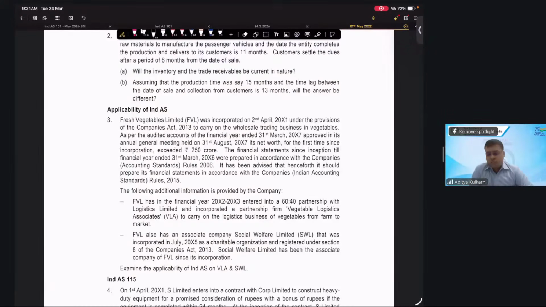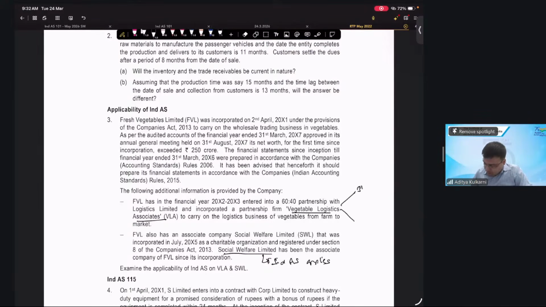Sir, for Social Welfare Limited, Ind AS will be applicable, as it is an associate company. And for Vegetable Logistics Associate, there are two scenarios.